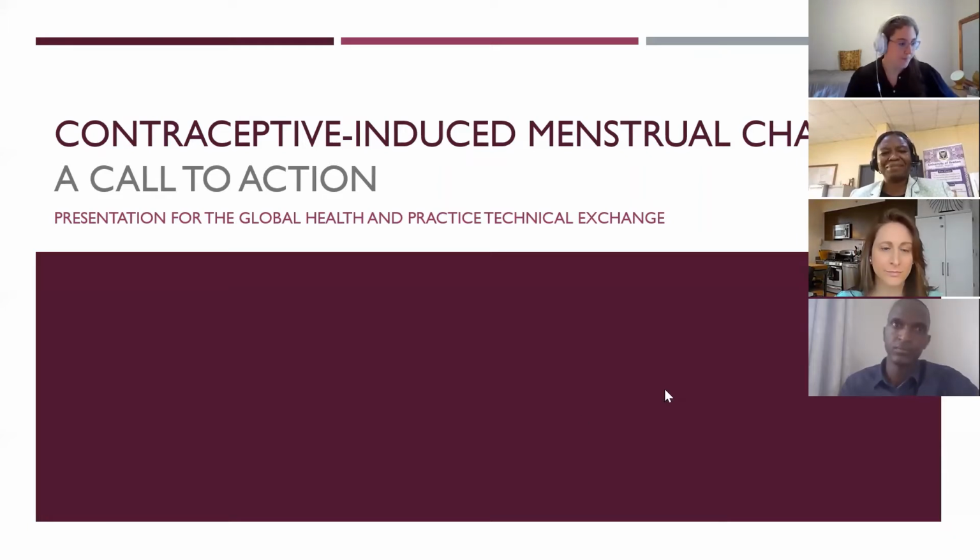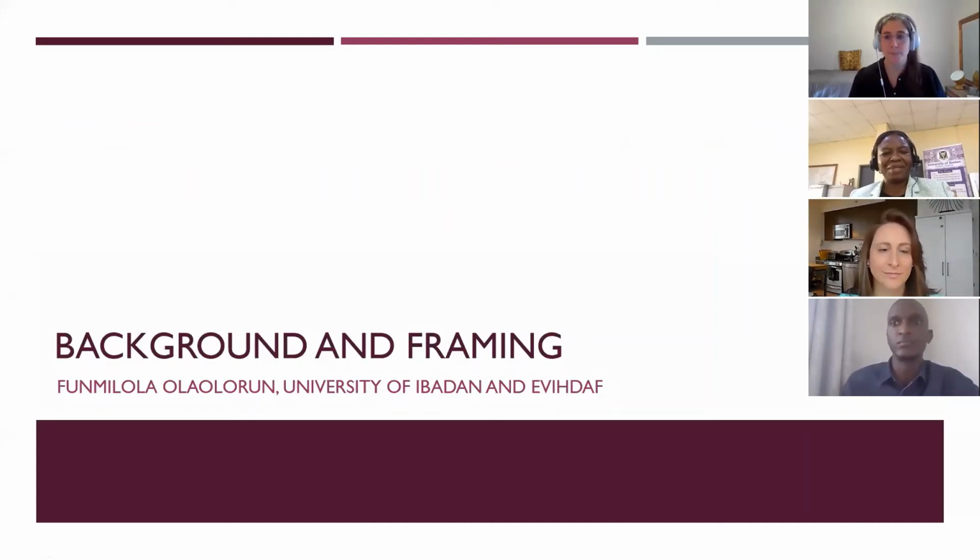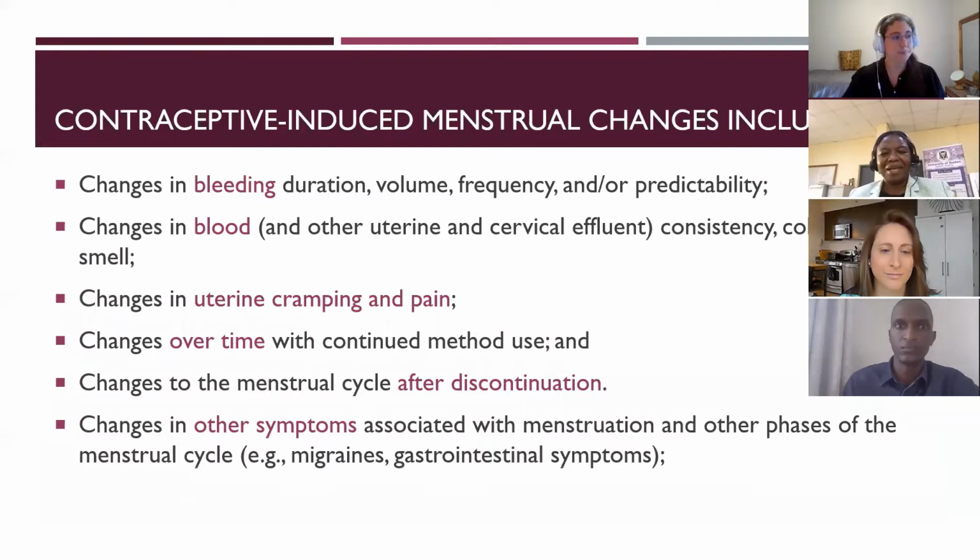Thanks, Emily. Hello, everyone. It's a pleasure to be able to give a brief introduction. Next slide, please. I'd like to share a very brief and general introduction to contraceptive-induced menstrual changes, or CIMCs. The term encompasses a range of possible changes that individuals experience when using different family planning methods.